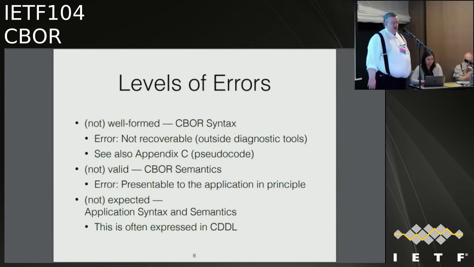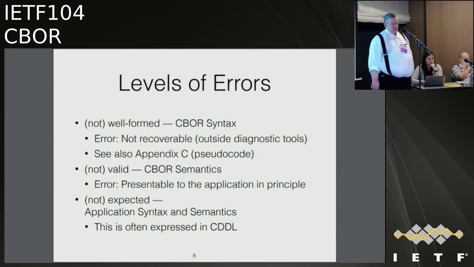I have used the term expected because that turned up in some discussion, but maybe we need a better term for that. But the idea is that there are syntax errors which make something not well formed, and generally in the CBOR space that means you are not continuing. And Appendix C contains the 20 lines of code to do this well-formedness check.